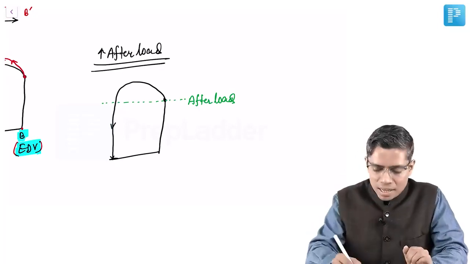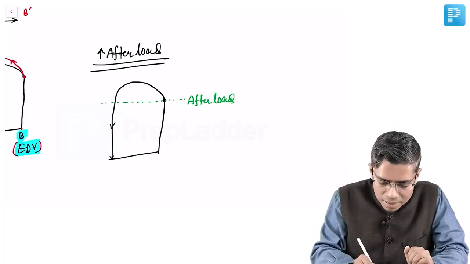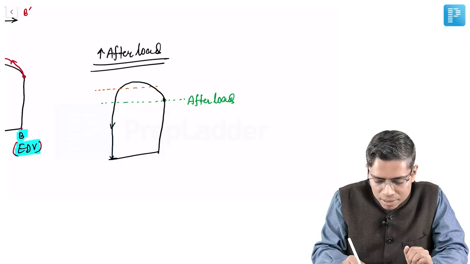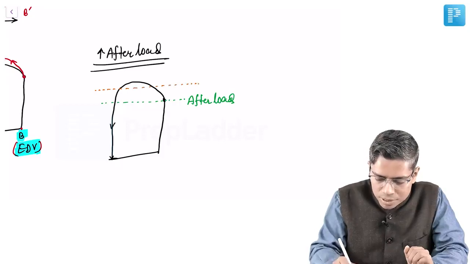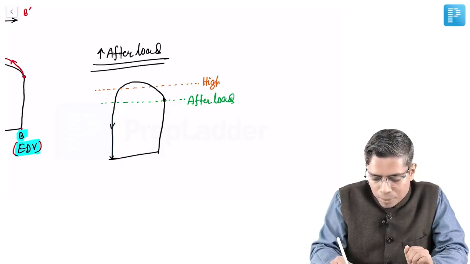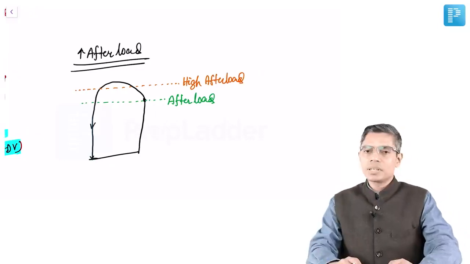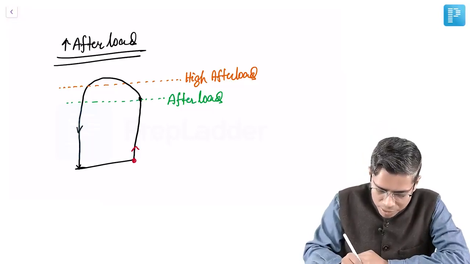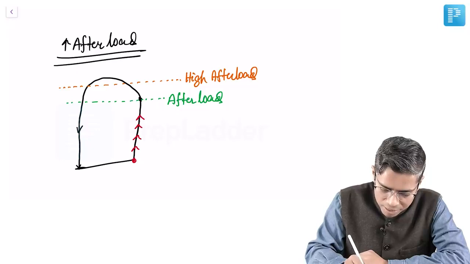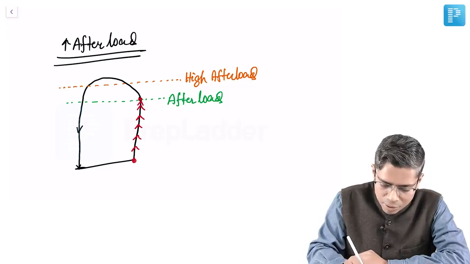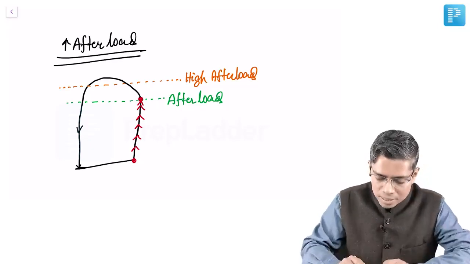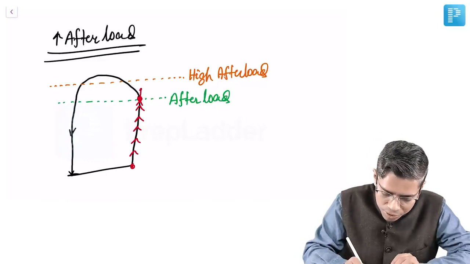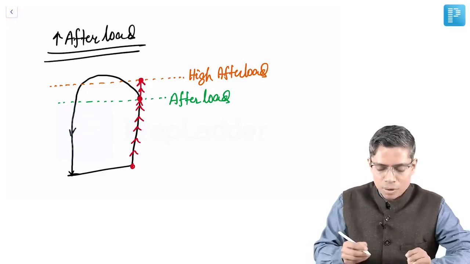If your afterload is high, the simple thing is that this line will be shifted in the upward direction. So this is high afterload. Now your afterload is high. During isovolumic contraction, the ventricle will start contracting like this, but it will not be able to eject blood from this point. It has to generate some more pressure, and only then will it be able to overcome the aortic pressure.